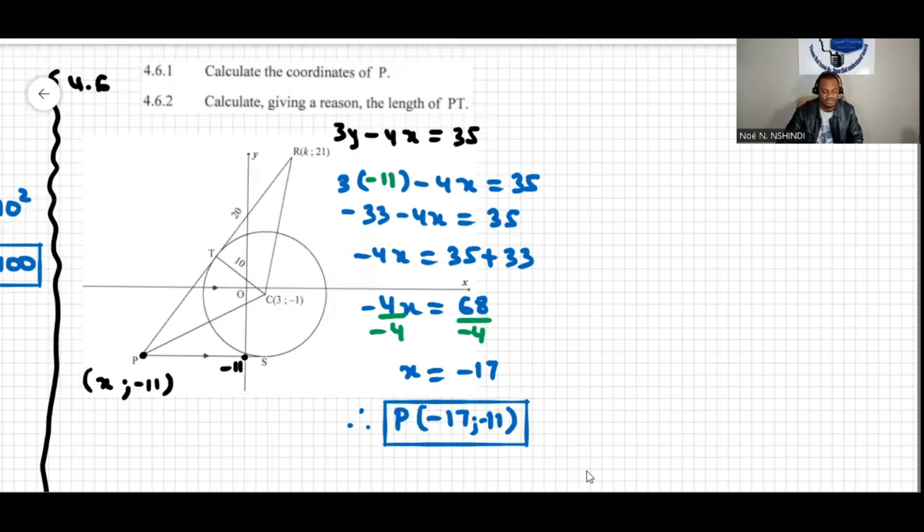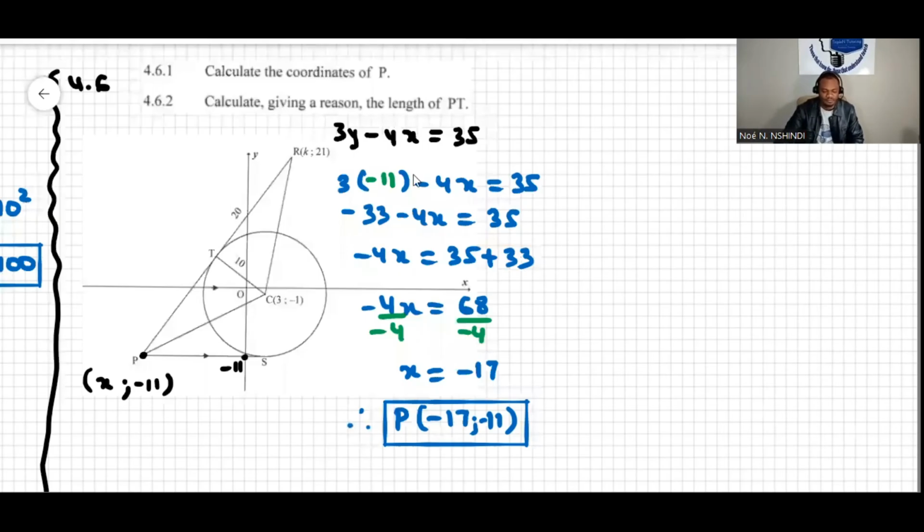So we need to find the length PT. If we notice this, we say that this line was perpendicular. It was perpendicular here, so it's also perpendicular over here. And then we have another right angle triangle over here.